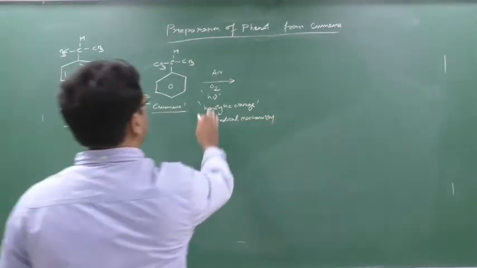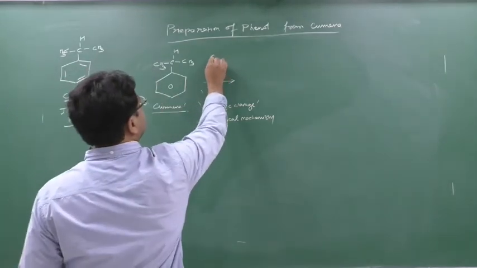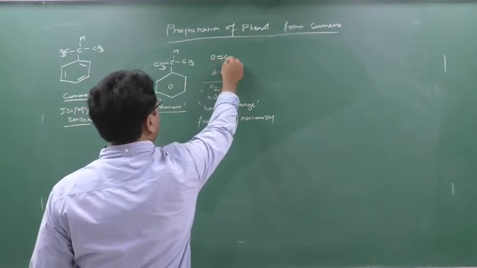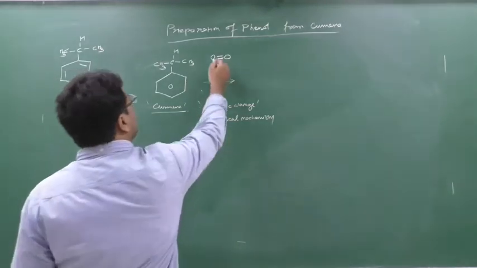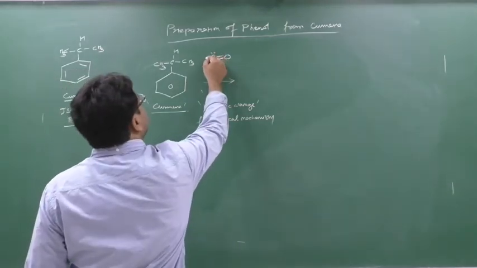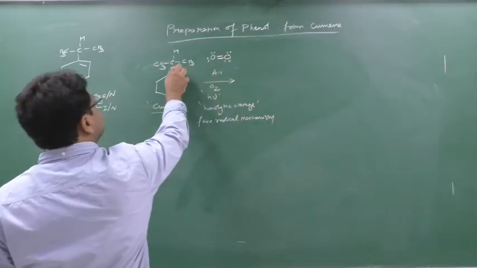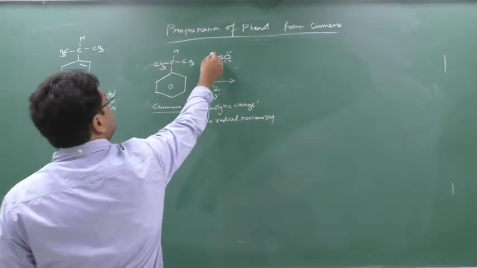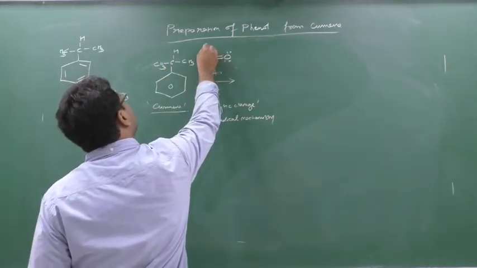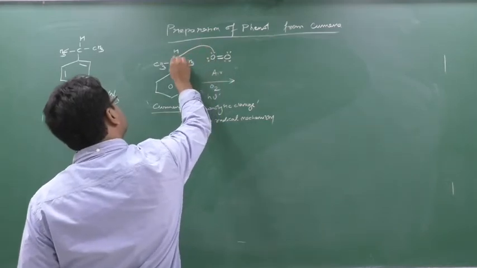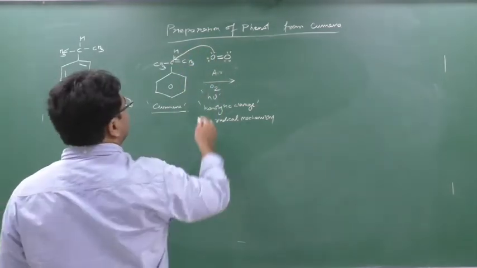Now what happens? See this O2, if I add on as this O double bond O, one and same. Now what happened? You know, this O2 is having the electrons. Okay. So this carbon is having the positive charge, yes or no? So this oxygen will donate its electron to this carbon. Okay.